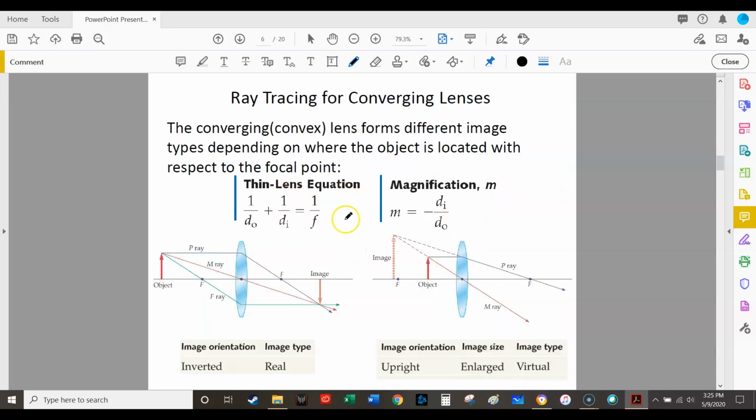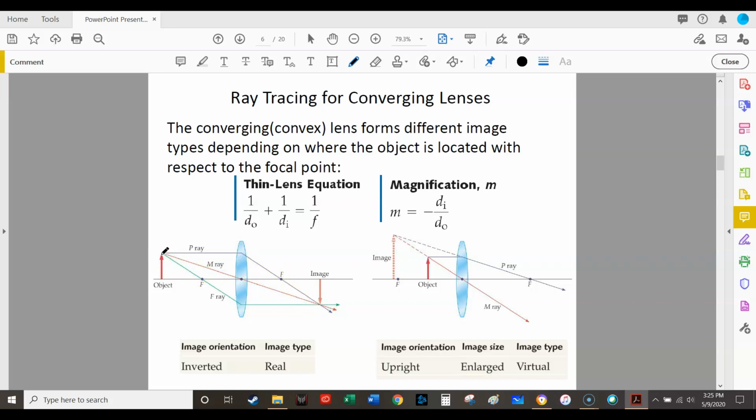I've just put those two equations above the two types of drawings for a converging lens. Here we go. You've got the one we just drew, with the object outside the focal point. So we draw the parallel ray. It goes down through the center of the lens, down through the focal point on the other side of the lens.